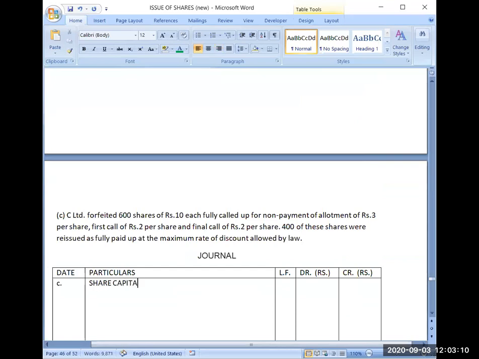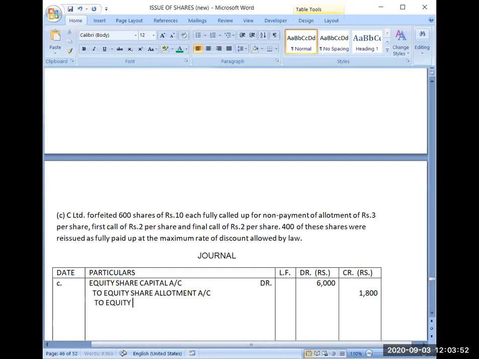Share capital account, equity share capital account, debit, and 600 shares we are forfeiting which are fully called up. So that's why the amount will be 6,000. To equity share allotment account, you are not receiving rupees 3 per share, so it will become 1,800.